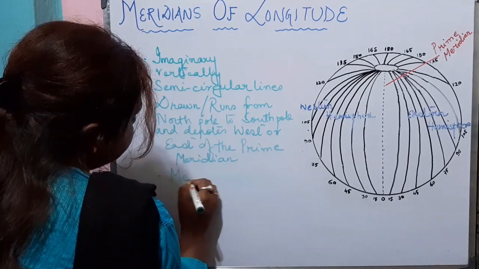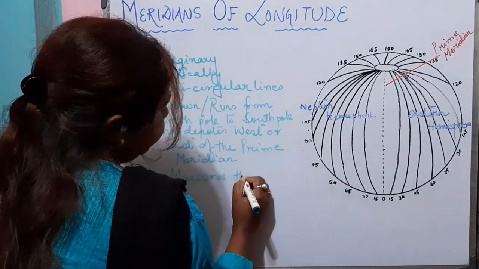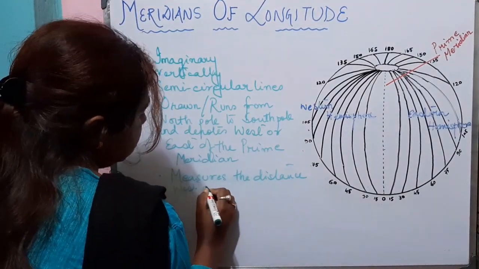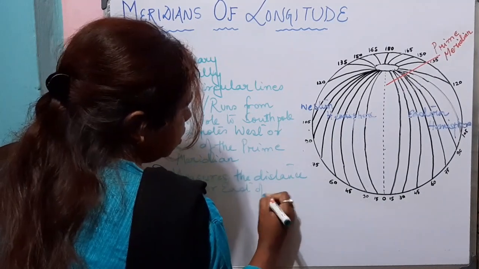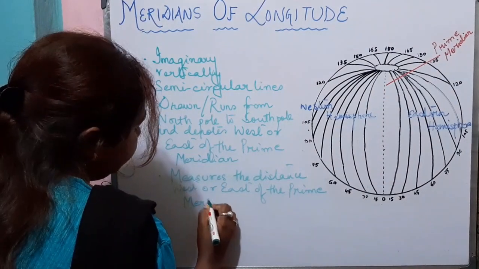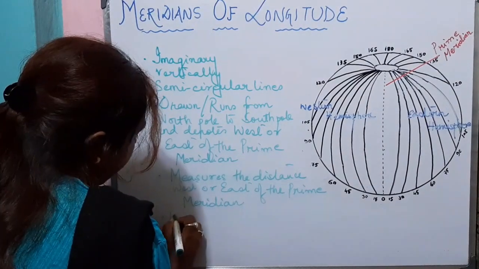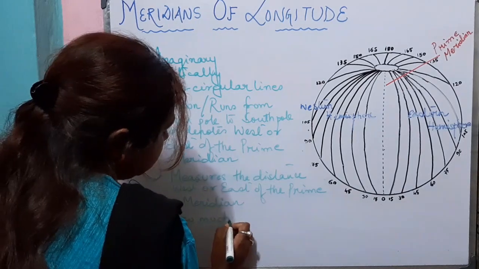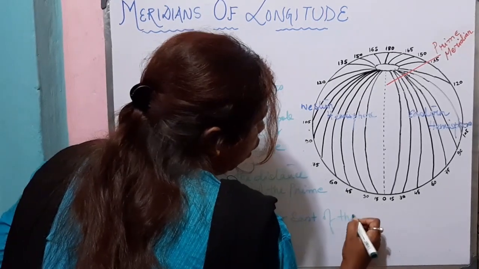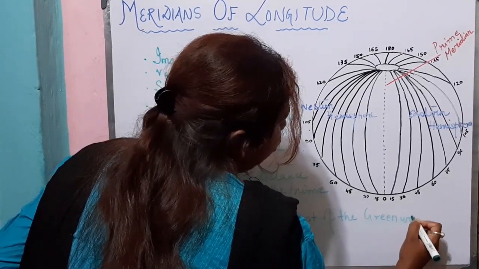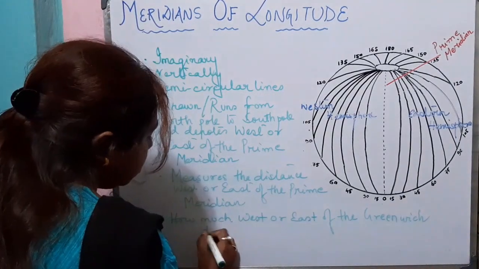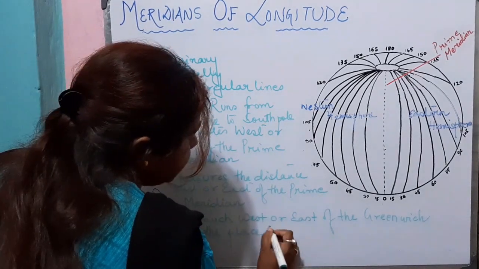We can also say that this measures the distance west or east of the prime meridian, or how much west or east of the Greenwich the place is located, as we also call the prime meridian the Greenwich meridian.